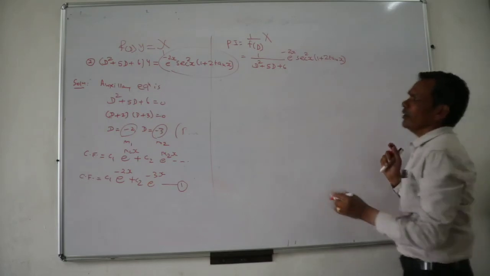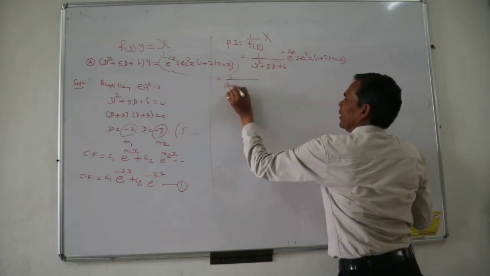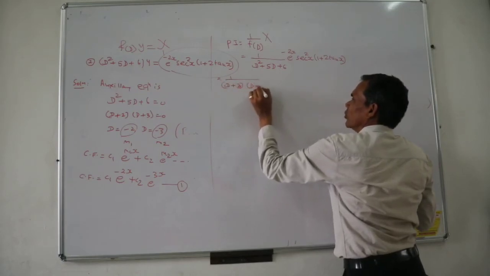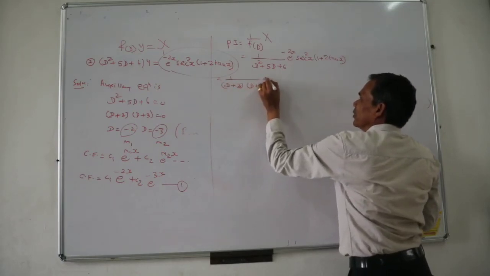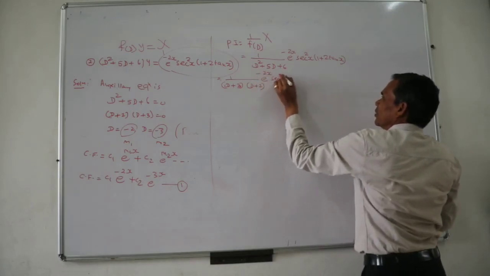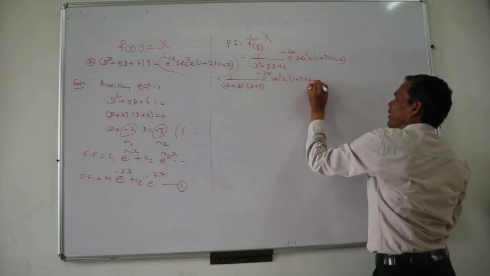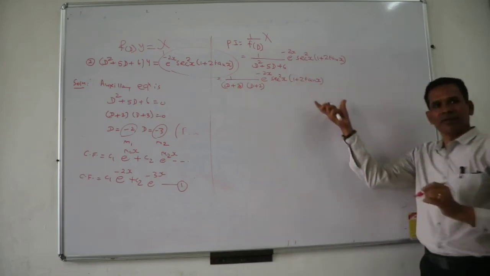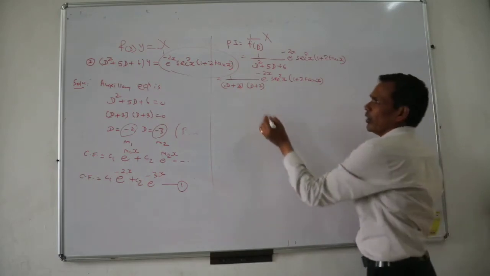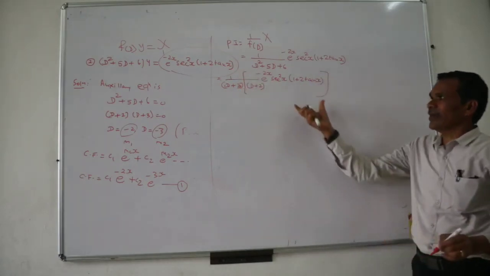So we just factorize this, 1 upon D plus 3 and D plus 2, or D plus 2, D plus 3, operated on e raised to minus 2x sec square x into 1 plus 2 tan x. It is something like this. So I just operate this directly.